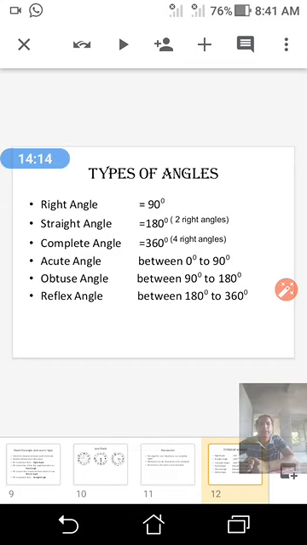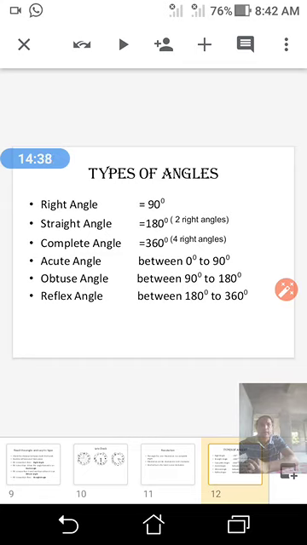Then comes your complete angle, 12 o'clock, 12 noon, or 12 midnight. In both cases we get a complete angle, 360 degree, which is formed by combining 4 right angles, means one complete angle is equal to 4 right angles.